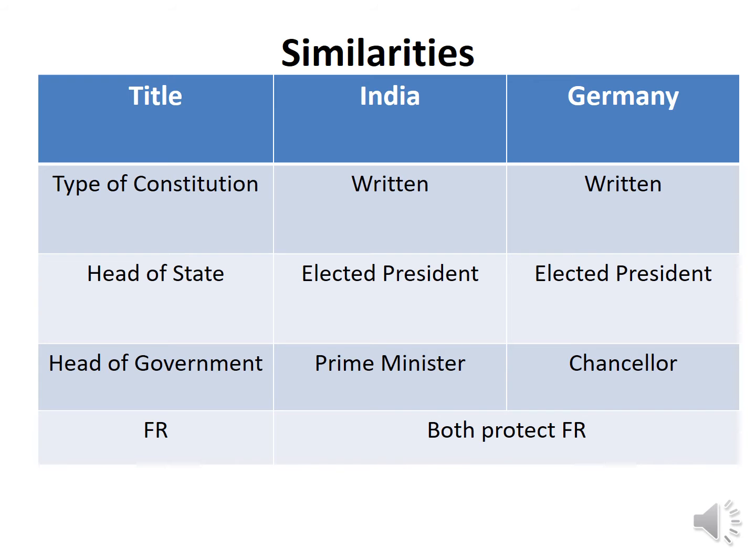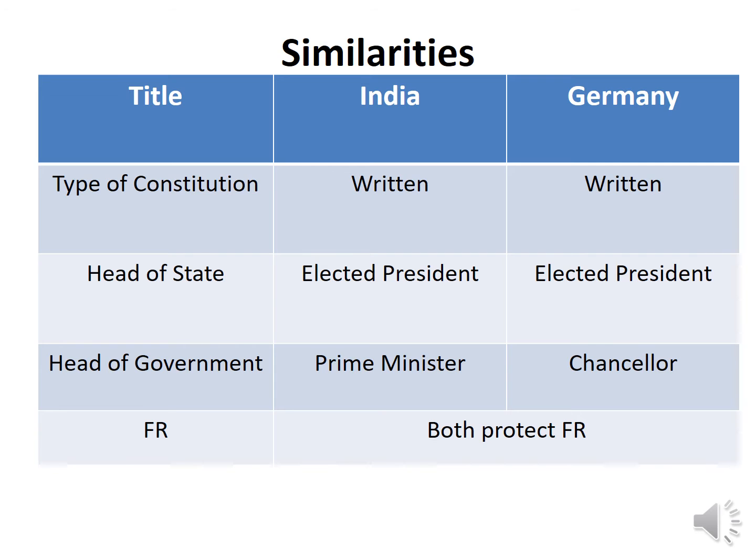The current chancellor is, I think, Olaf Scholz. Before that it was Angela Merkel. The chancellor wields the authority in Germany, equivalent to the prime minister's power in India. So both countries have a similar form of government.